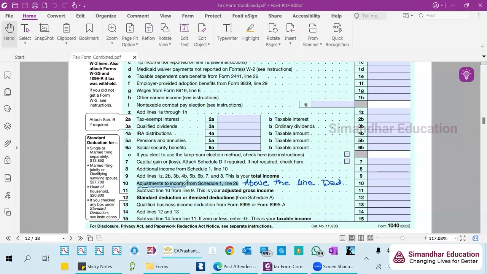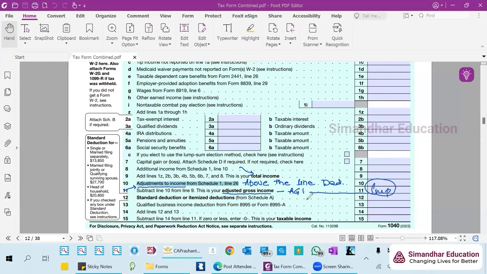Now, from total income, after I take out any of the adjustments to income, what do I get? Adjusted gross income, which is also said AGI, and this is one of the important numbers. Why is it so important? We'll come to understand when we discuss AGI.